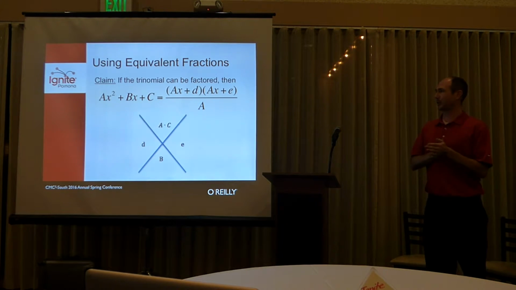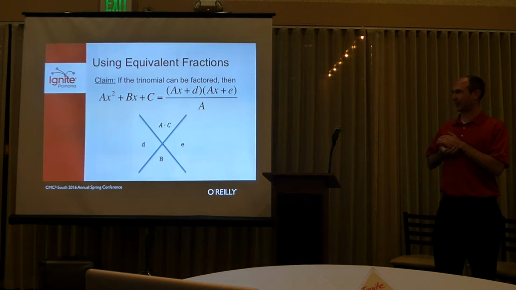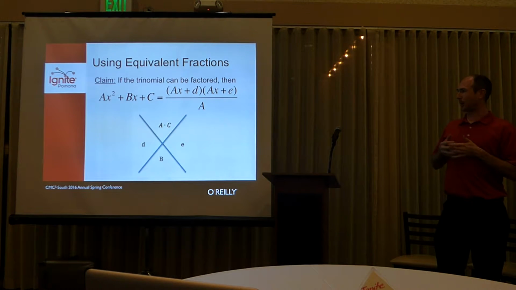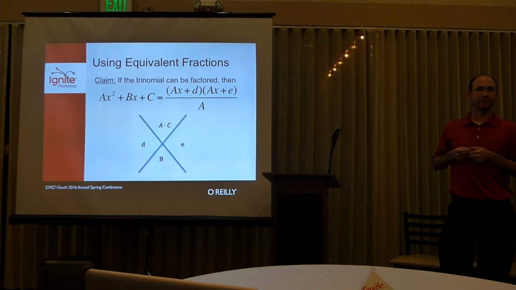So what we can actually do is use an equivalent fraction. We can put a denominator under that thing, and that X diagram is exactly the same structure as the other cases. You're looking for two numbers that multiply to get your AC and add together to get your B, and I promise I'll show you the proof tomorrow, you do get that every single time.